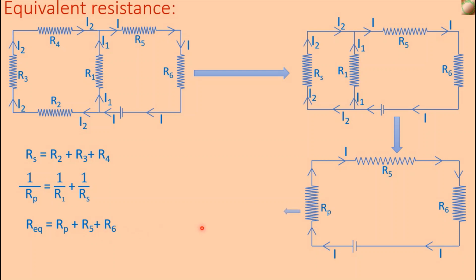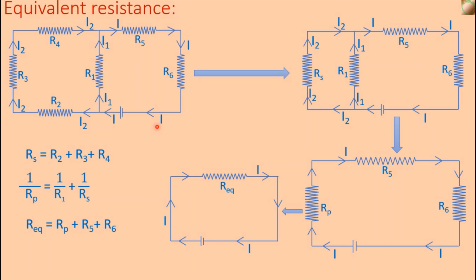Now our new circuit is this: Rp, R5 and R6 are replaced by this R equivalent. Therefore Req is the equivalent resistance of all these resistances.